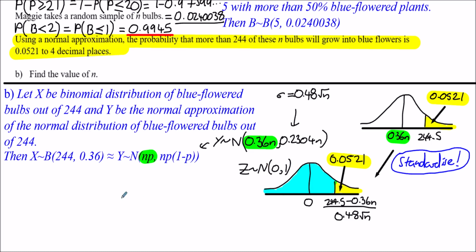So using this, the probability of Z being less than this value, 244.5 minus 0.36n, all over 0.48 root n, is 1 minus 0.0521, which gives us 0.9479.